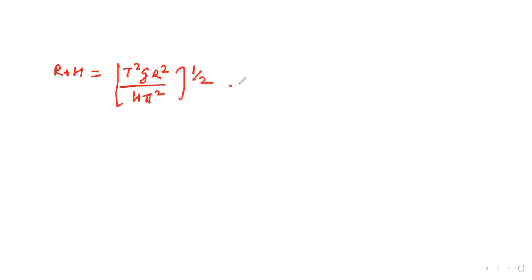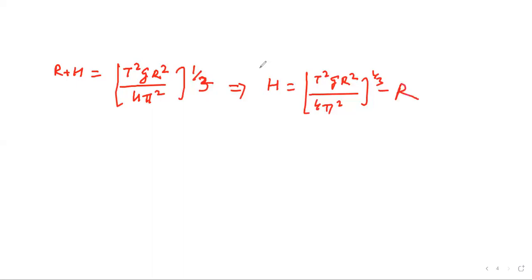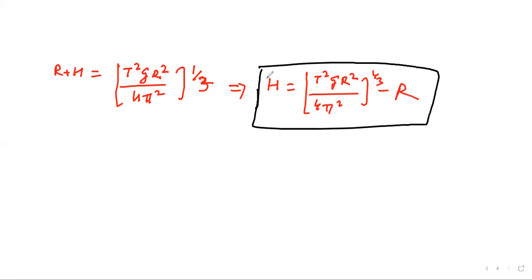This implies the height of the satellite h equal to T square g R square upon 4 pi square, to the power 1 by 3, minus R, not H. This will be the formula for the height of the satellite. It is easy.